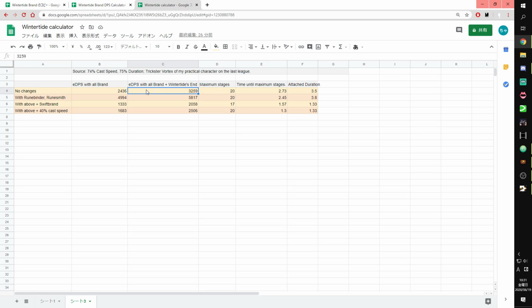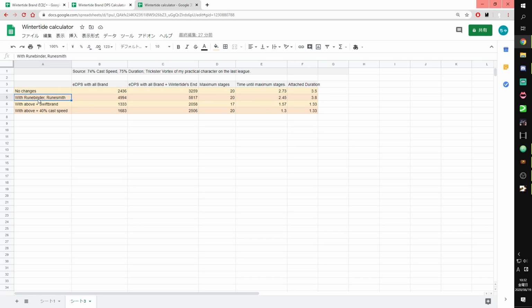DPS with all brand and Wintertide total DPS is 3.2 thousand. And the maximum stage is of course 20, and the time until reaching the maximum stages is 2.7 seconds. The attach duration is 3.5 seconds, which is equal to my calculation.